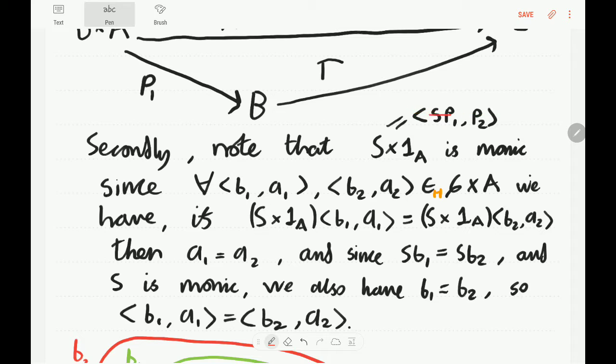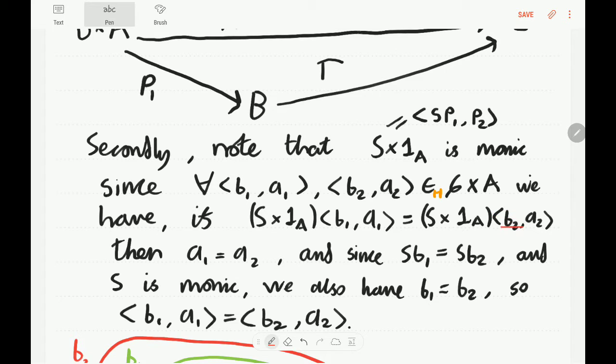Well, since we know what S times 1A is, we can just work this out, and we'll have that the second component on each side is going to be A1 on the left and A2 on the right. So we have A1 equals A2. And then thinking about what happens on the left, we'll get S of P1 of B2 comma A2.